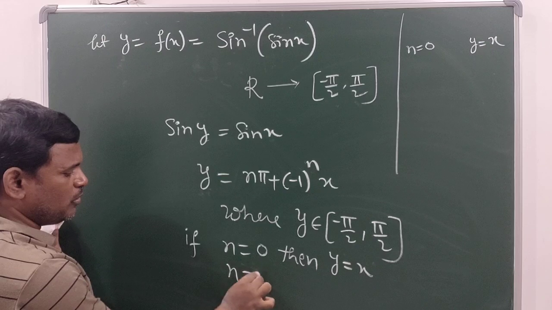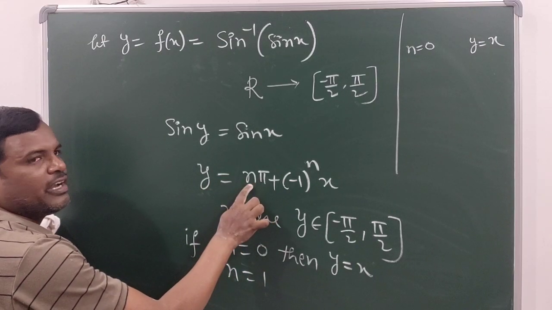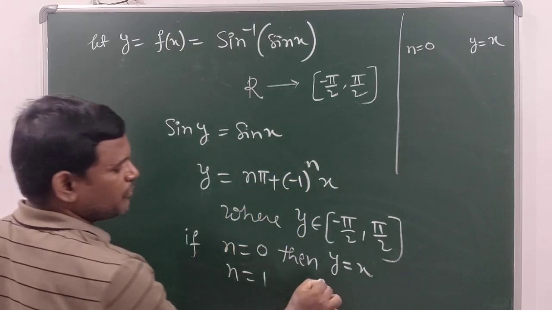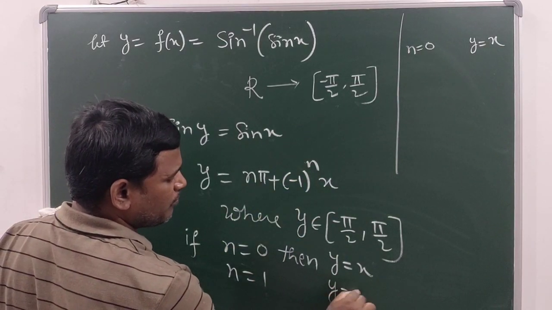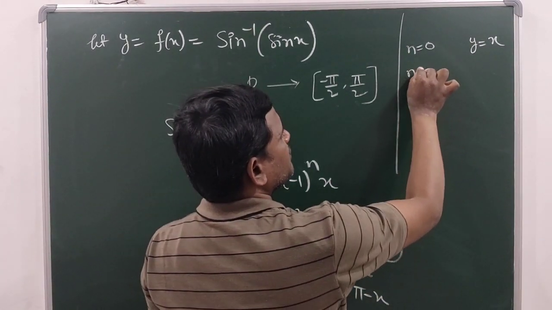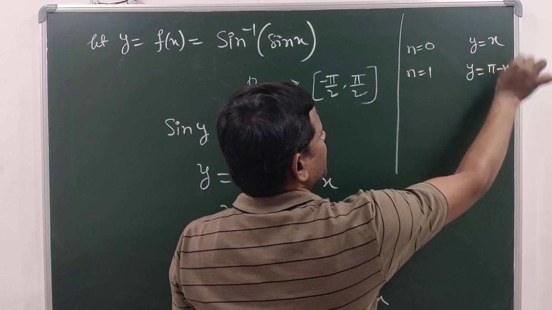Suppose n is equal to 1, then put n equal to 1 and go for simplification. You will get y equal to pi minus x. If n is equal to 1, y equal to pi minus x will come.